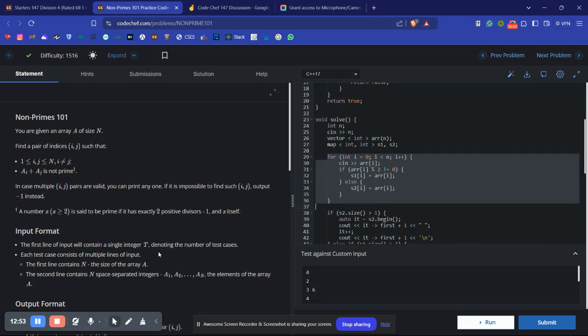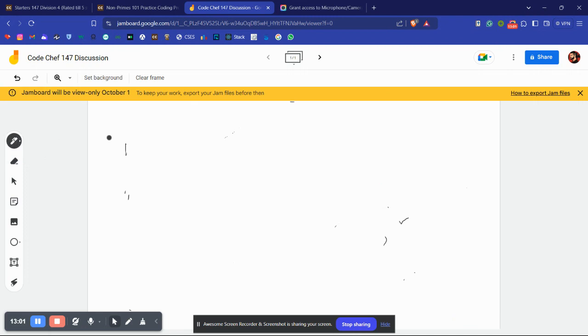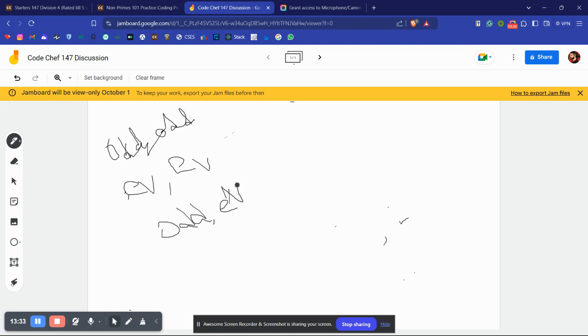And after that, we take mainly three cases: odd and odd, even and even, and odd and even.